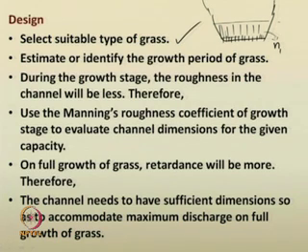So, the design of grass channels usually occurs in two stages: once during the initial growth period, and second when the grass is fully developed and stable, then you have to design again for carrying the full capacity. So, there will be these two stages of design.